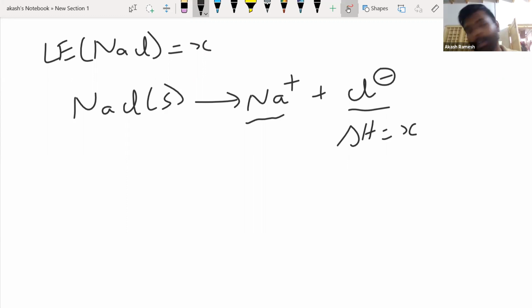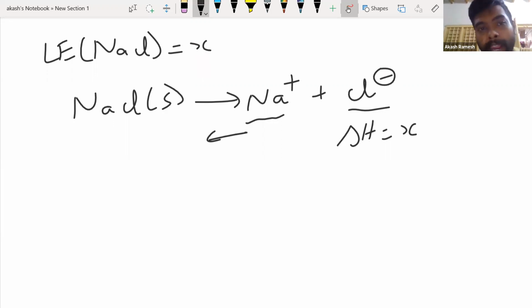But there are certain complications with respect to lattice enthalpy. You will not be able to directly find out the lattice enthalpy because it involves a lot of processes. Sometimes I can even write the reaction in the opposite way: Na plus and Cl minus form the sodium chloride crystal. Sometimes they regard lattice enthalpy as the energy released when the lattice is formed.